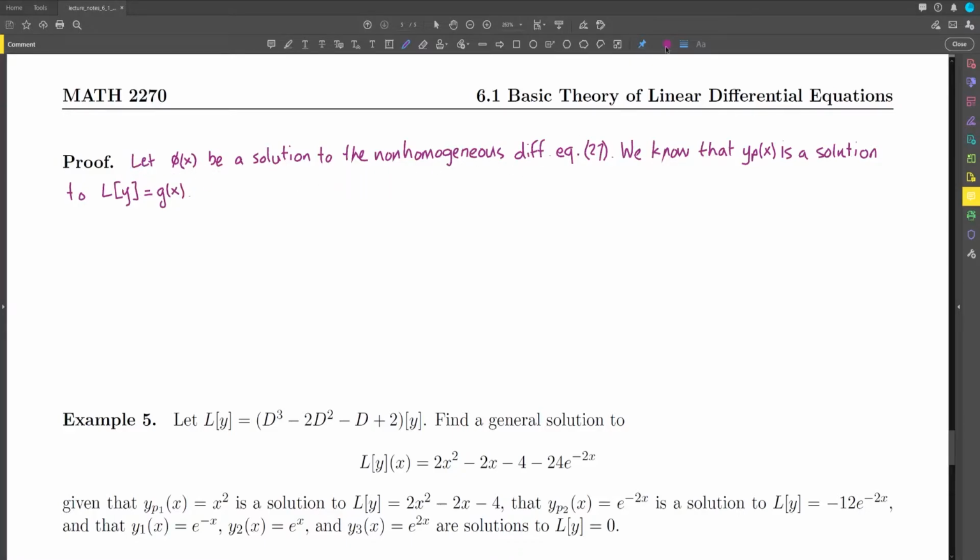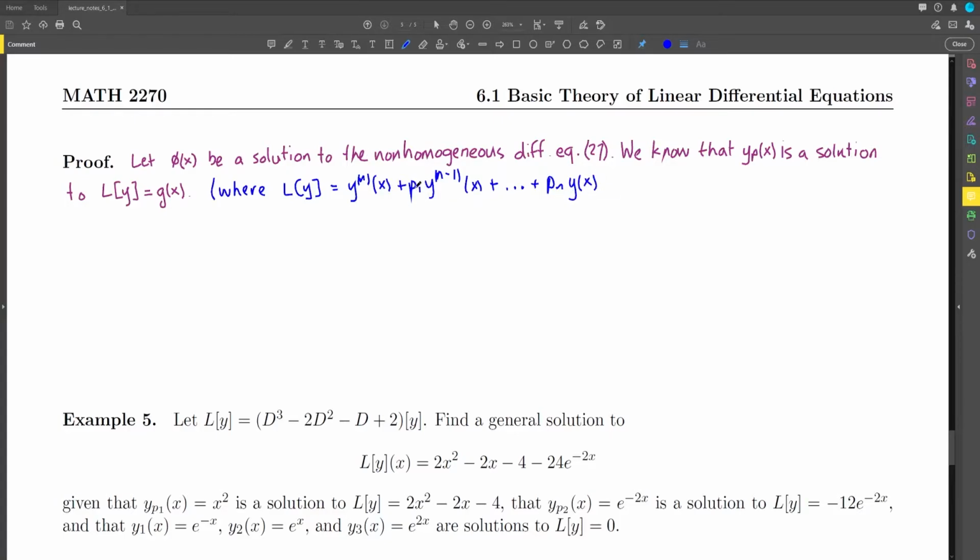And so what we need to know here is that L of y is equal to the linear differential operator, the nth derivative of y plus p1 times the n minus first derivative of y, and then plus dot dot dot plus pn times y of x.